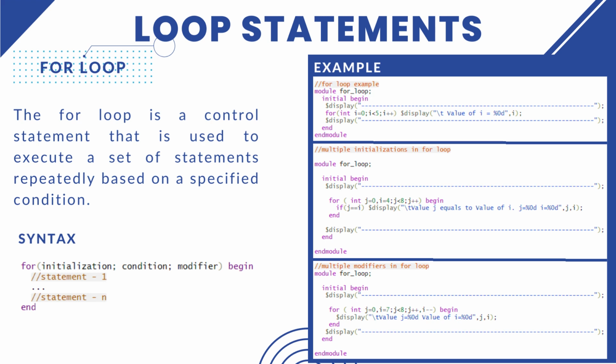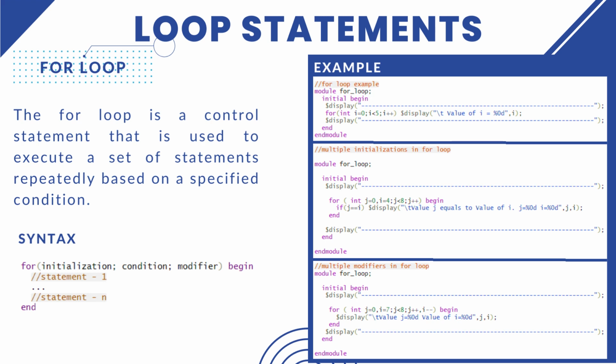Let's take a look at the syntax of the SystemVerilog for loop. For (initialization; condition; modifier) begin, statement 1, statement n, end. The for loop syntax consists of 3 parts. Initialization is executed first and only once.